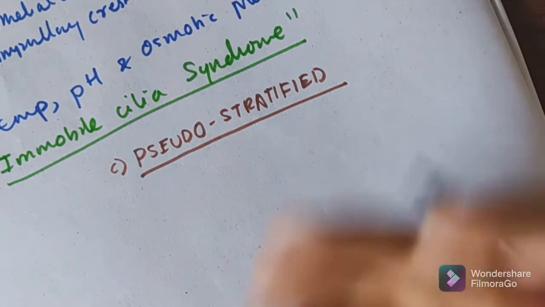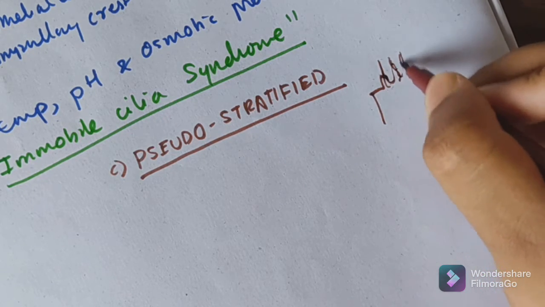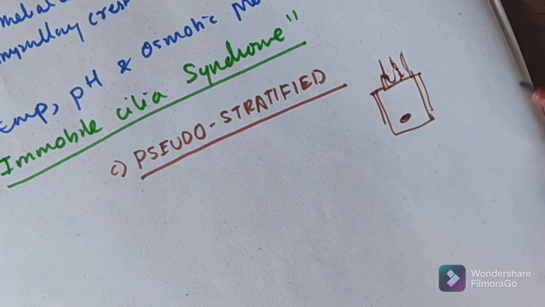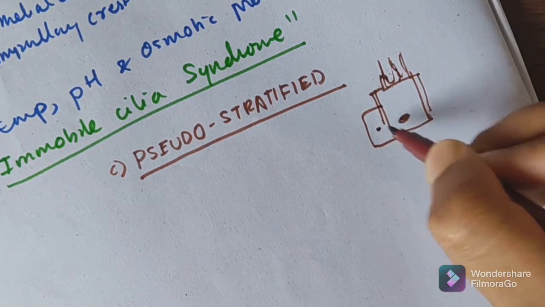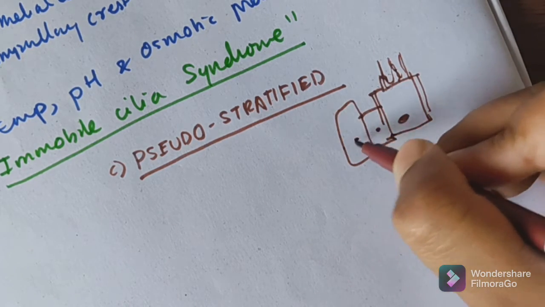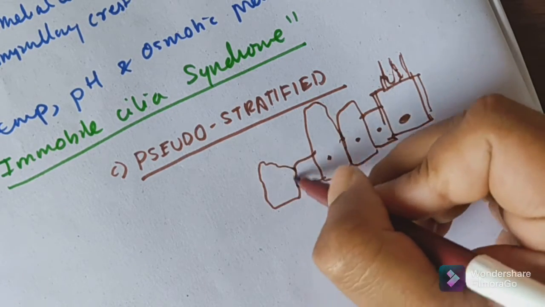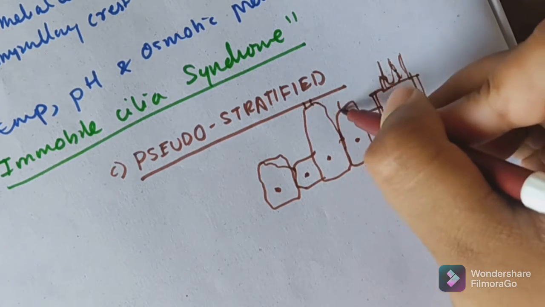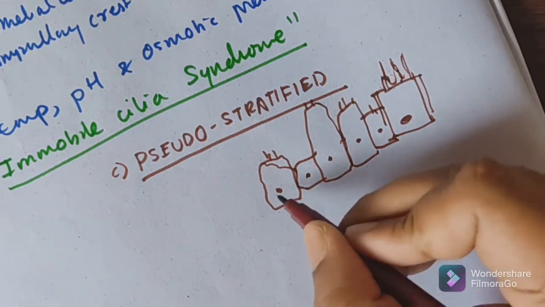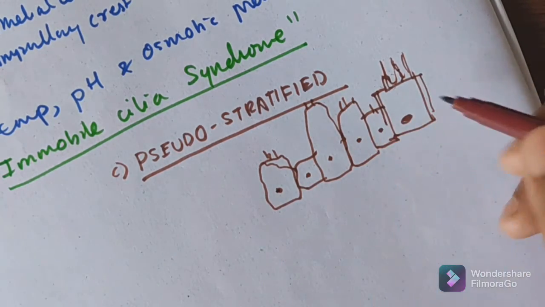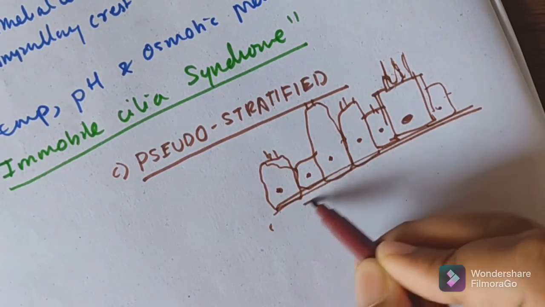In some situations, the ciliated columnar cells are of different heights, so they may be like this, and like this, and maybe like this. More or less every one has cilia. They are at different heights, but they rest on a common basement membrane.